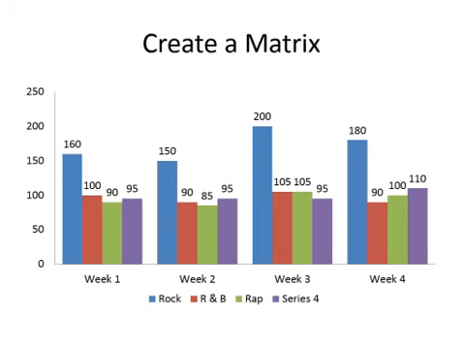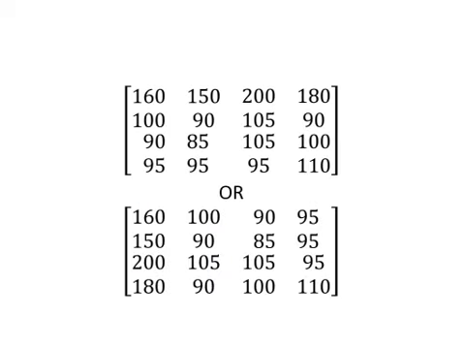Now, one thing nice with matrices, which is the plural for matrix, is that if you're not given rules about what should be the row and what should be the column, you can do it whichever way you want. So there are going to be two that pop up here. The first one is 160, 150, 200, and 180, and the second one is 160, 100, 90, 95.